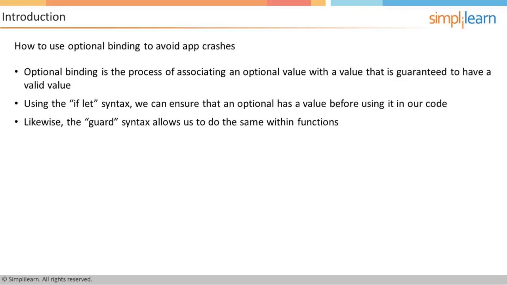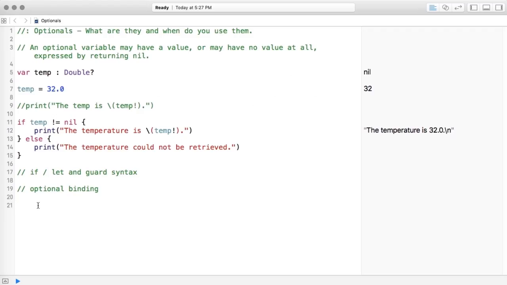We're using that same playground, optionals. So to completely understand optional binding, we really need to make sure you understand why you're using an optional. In the example above, we created an optional called temperature, which is the type Double, and we're not expecting to always be able to get the temperature because we might not be able to connect to the server that holds the temperature, or the thermometer might not be reporting to the server, or whatever the case, but we might not get a temperature back.